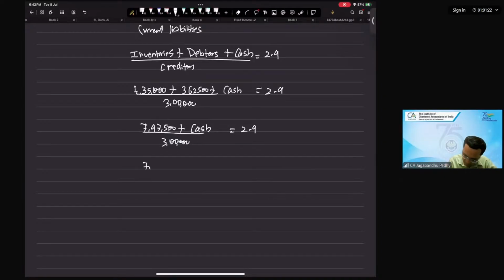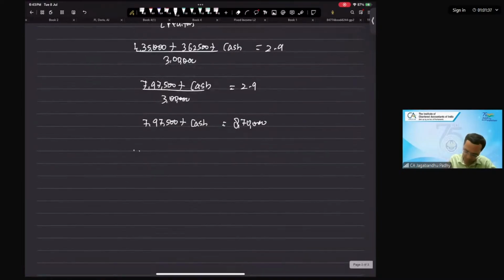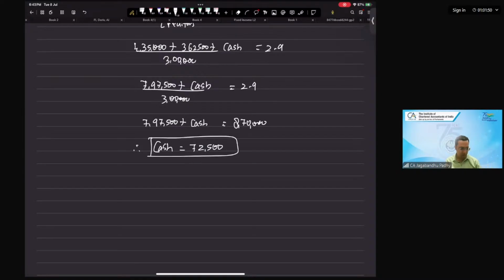So 7,97,500 plus cash is equal to 2.9 into 3 lakh, which is 8,70,000. And therefore cash balance is 8,70,000 minus 7,97,500, which is 72,500.